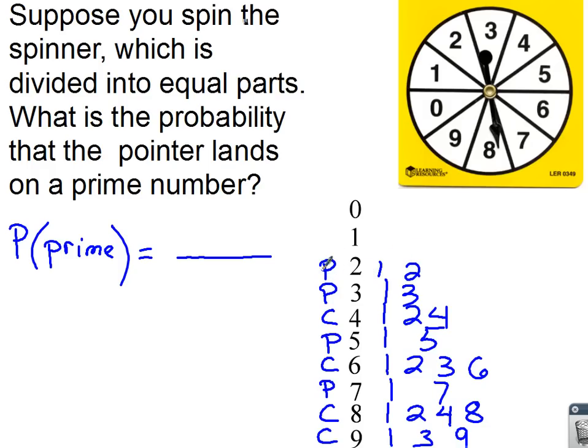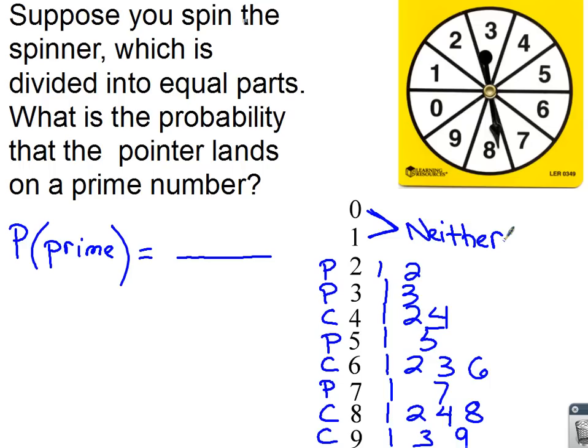And then these numbers up here at the top, 0 and 1, have a special rule. These are neither prime nor composite. So we leave those separate.